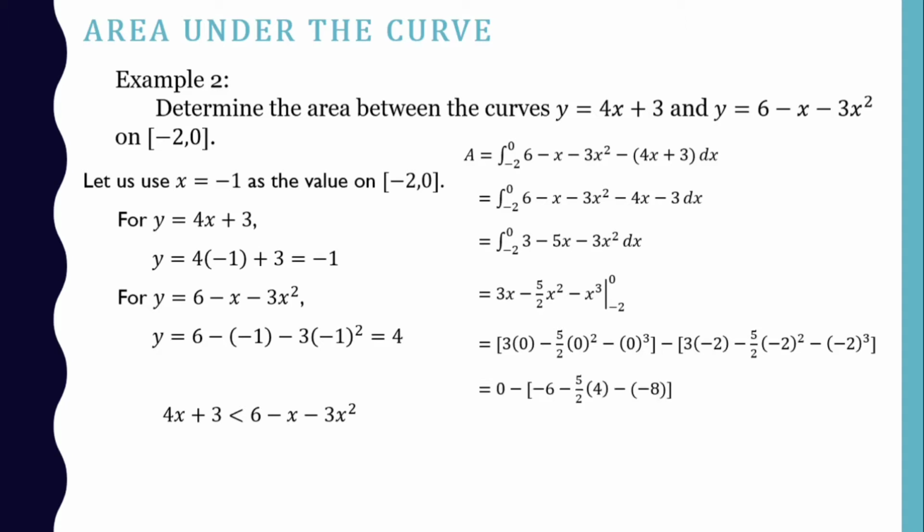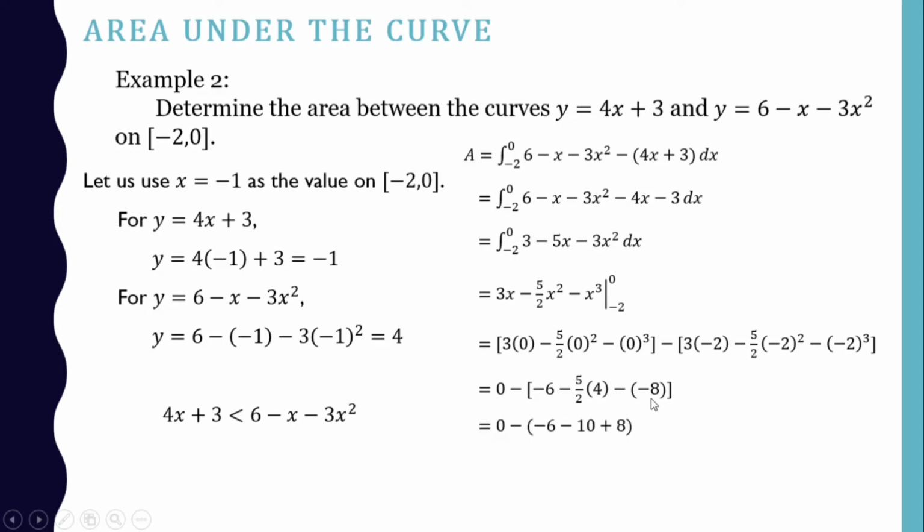Simplify. The first series of terms will all be 0. Minus 3 times -2, that's -6, minus 5 halves times -2 squared, which is 4, minus -2 cubed, which is -8.